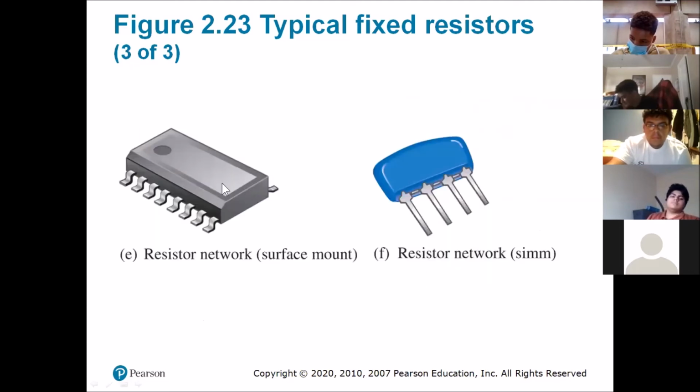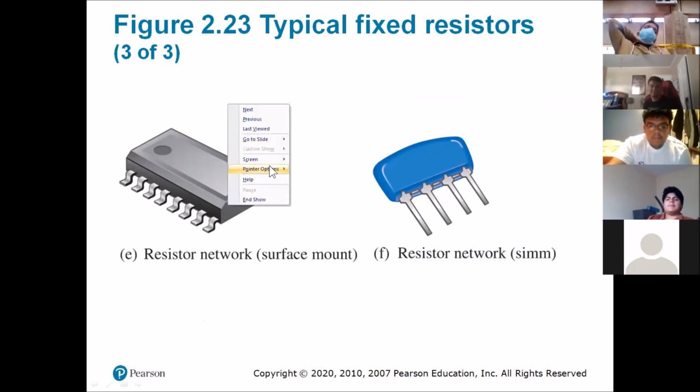And we see something similar to that in here. Again, this is the same kind of thing. You might have one resistor going from this pin to this one, another resistor going from this pin to wherever the other one is over here, and so on. They can also do a resistor network where they have one common terminal.